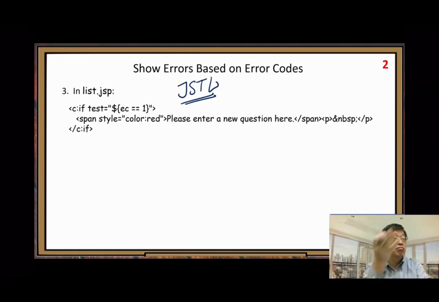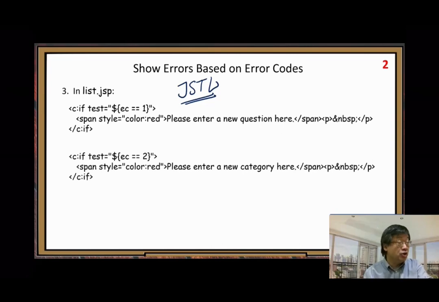Just an appropriate message. Similarly, for the category version, EC double equal to error code 2, and the message is different. So here you can see we use a simple way to display the error messages. Although there are many different ways, this is one of the simple ways people can use.